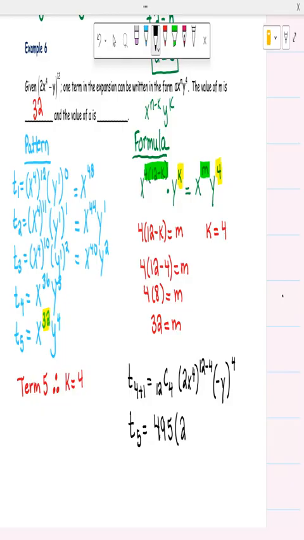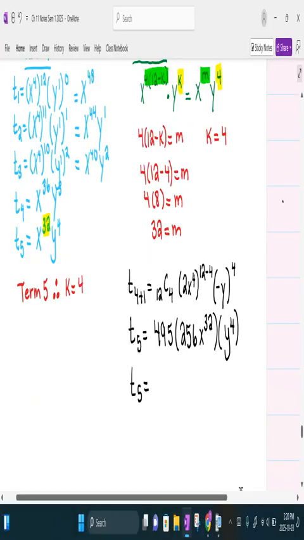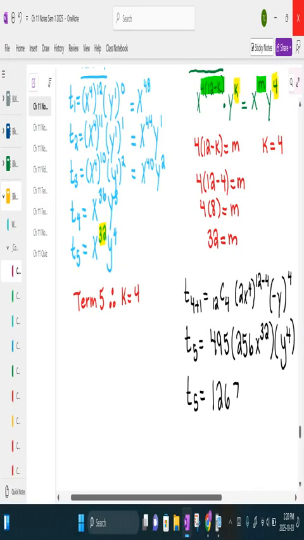So 256 x to the power of 32, and then negative times negative times negative times negative is a positive, y to the 4. 126,720. Thank you, Emma. Very much.